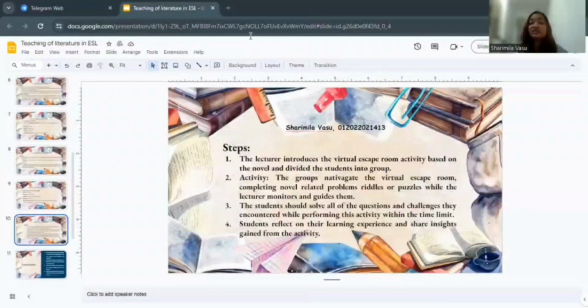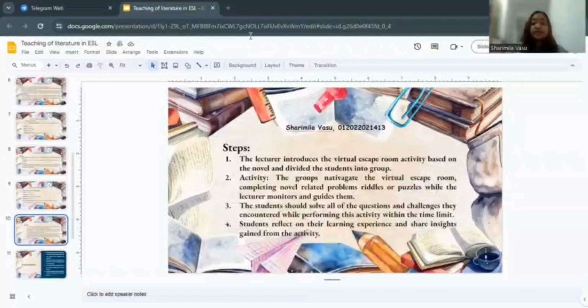The lecturer will discuss and explain the connection between the puzzles and the novel's terms, theme, characters, and plot. After completing the activities, students should reflect on their learning experience and share what they gained from this activity.